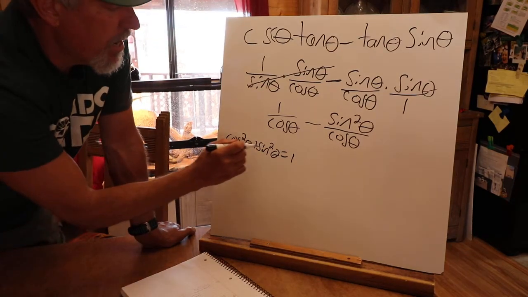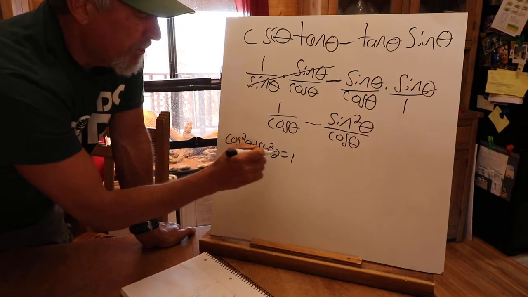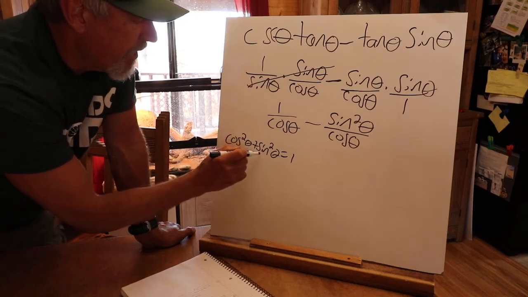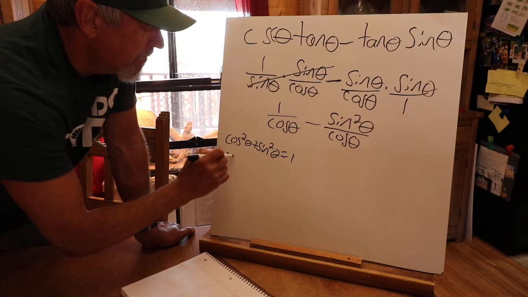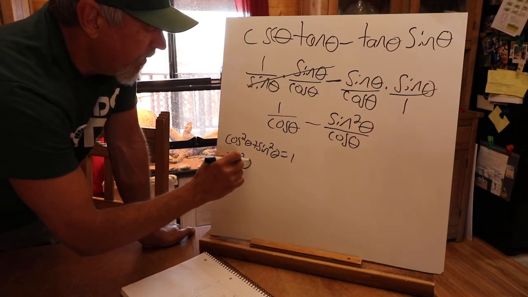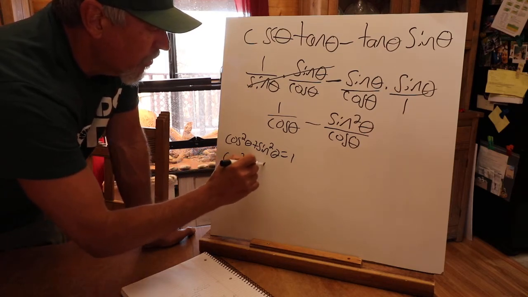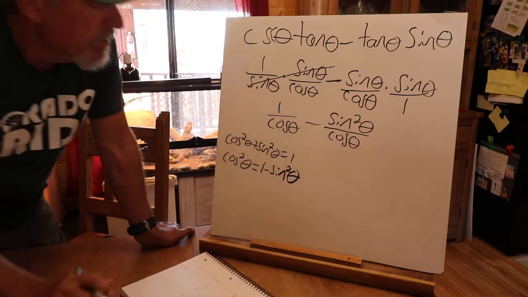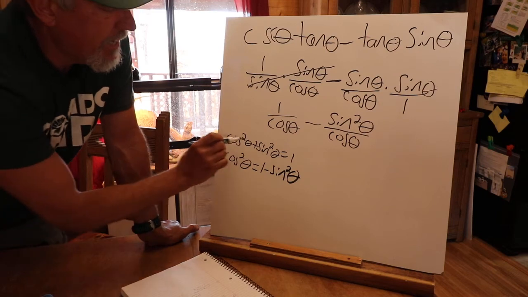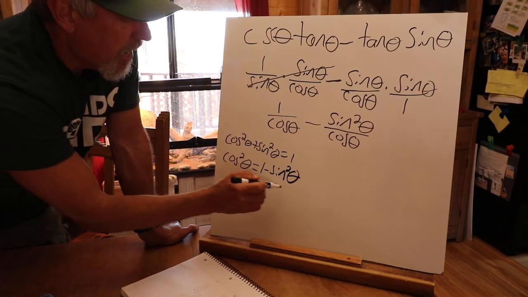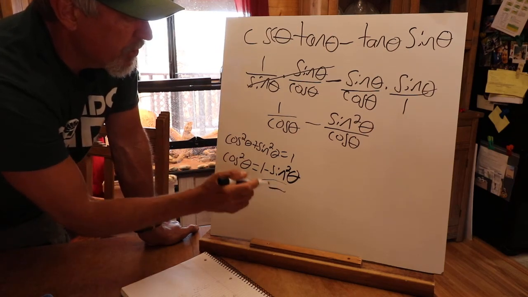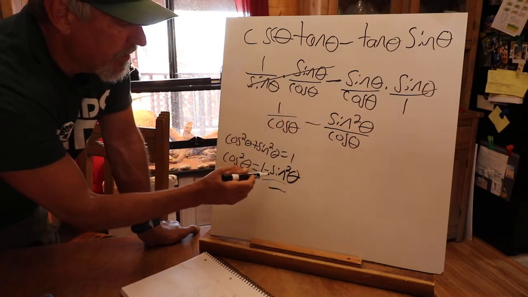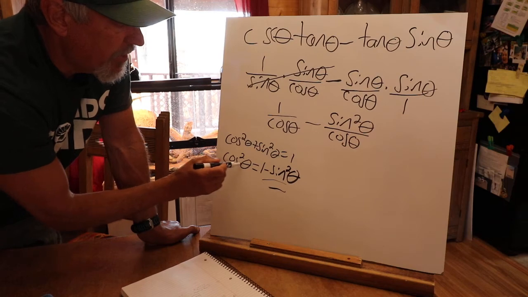I can rewrite that basic trig identity, which is on your sheet, by subtracting the sine squared of theta to the other side. And look what happens. I get cosine squared of theta equals 1 minus sine squared of theta. So by rewriting the identity that's on your sheet, I get a match. 1 minus sine squared theta is the same as cosine squared theta.